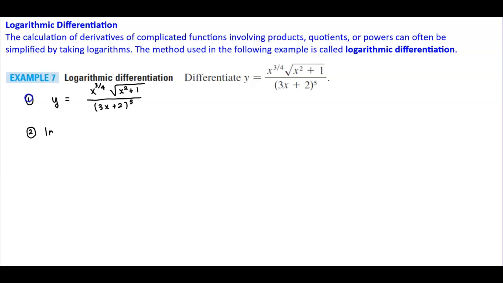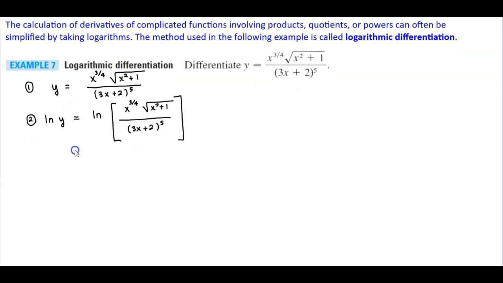So we take the natural log of y on this side, and the natural log of this side. So we have the natural log of x to the 3/4 times the square root of x squared plus 1, all over 3x plus 2 to the 5th power.